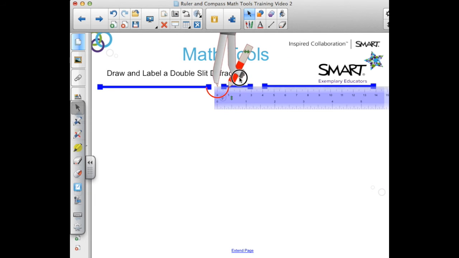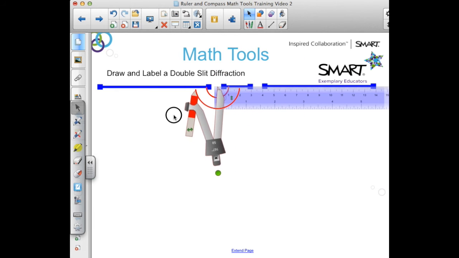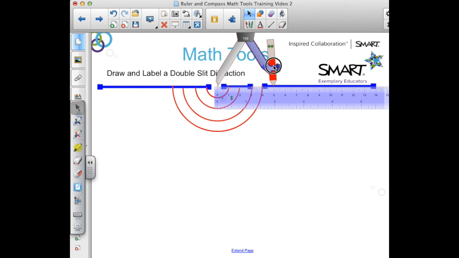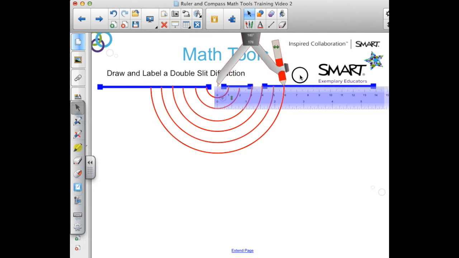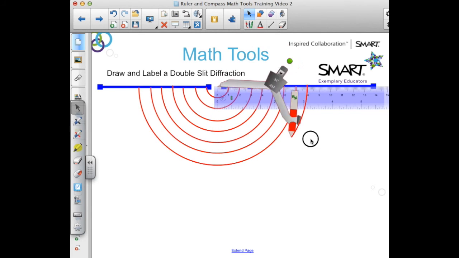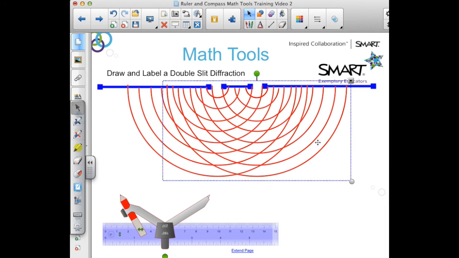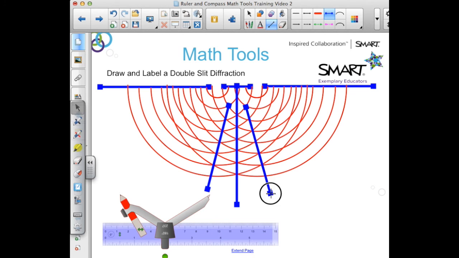They can move it back and move it to 2 centimeters and create a wave. And again to 3, and so on and so on. And that gives them a very nice clean diagram of what happens at one gap. They can group it and clone it quickly, and all of a sudden you see these places where some interesting things happen.